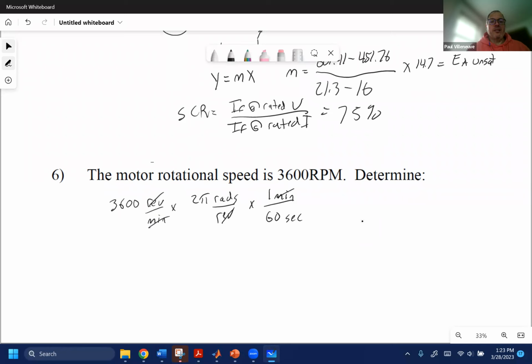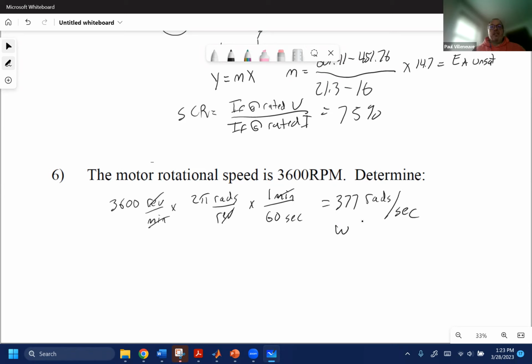So cancel, and what you're going to end up with is radians per second. If you looked at that table, you would have found the answer was 377, which is the same thing as omega, right? Omega that we talked about is just 377 radians per second.